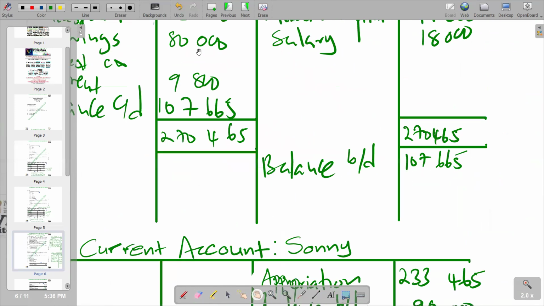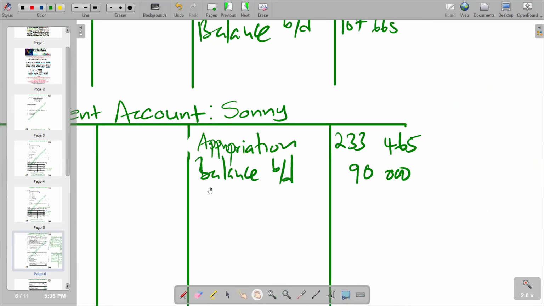We come here, we are saying interest on capital. For interest on capital, we are having 21,250. Then we go and check again what's the next item in the appropriation that we have.